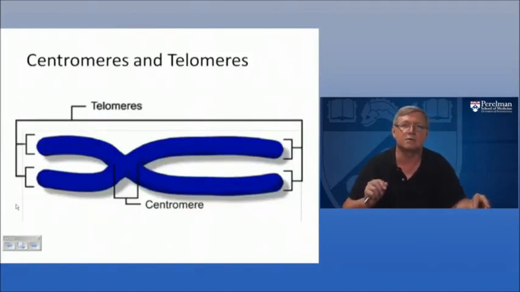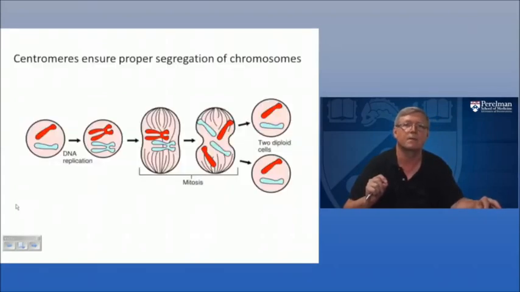Centromeres and telomeres are the other key functional components of chromosomes. The telomeres are the tips of chromosomes, and the centromere is the constriction along the chromosome that is critically important for the proper segregation of the chromosome to the daughter cells upon replication. So centromeres can form anywhere along the chromosome. If the centromeres are at the very end of the chromosome, they're called telocentric chromosomes.